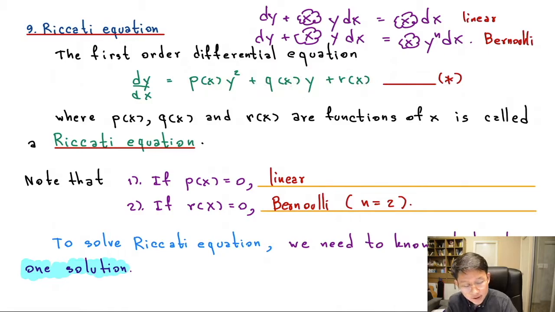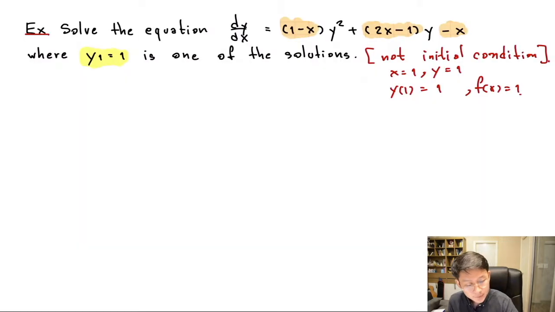You can put the stress on this guy: y squared, y, and no y. So it's obvious that it's a Riccati equation.